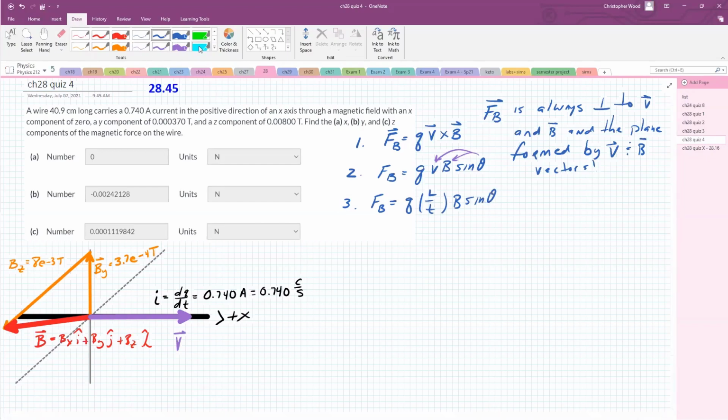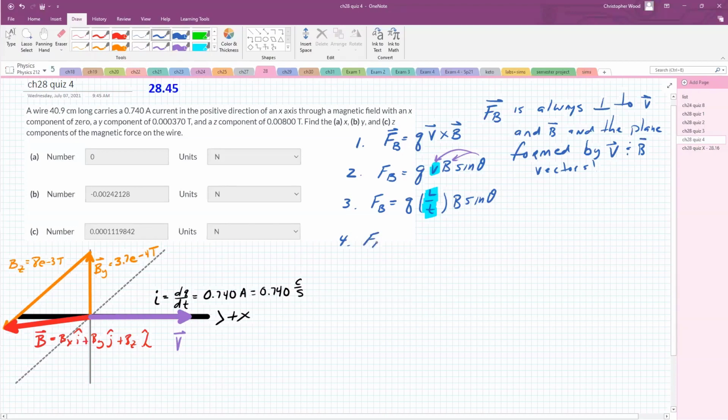All right, so the only substitution I made is I said, what's the velocity of a particle? Well, it's distance divided by time. And this is the length of the wire, which for me is given as 40.9 centimeters. So now watch how I go from step 3 to step 4.